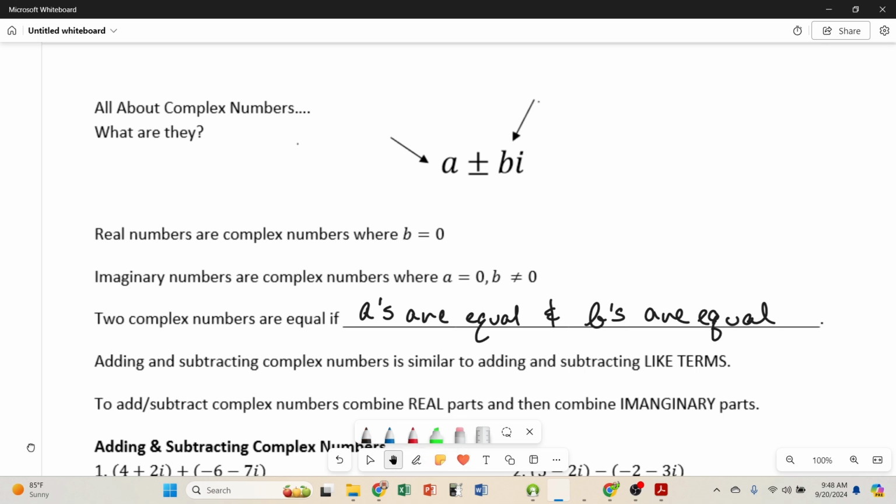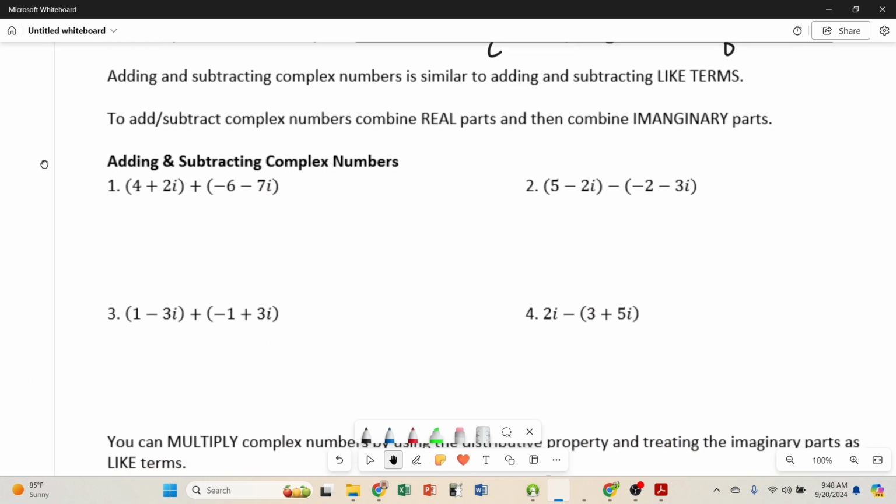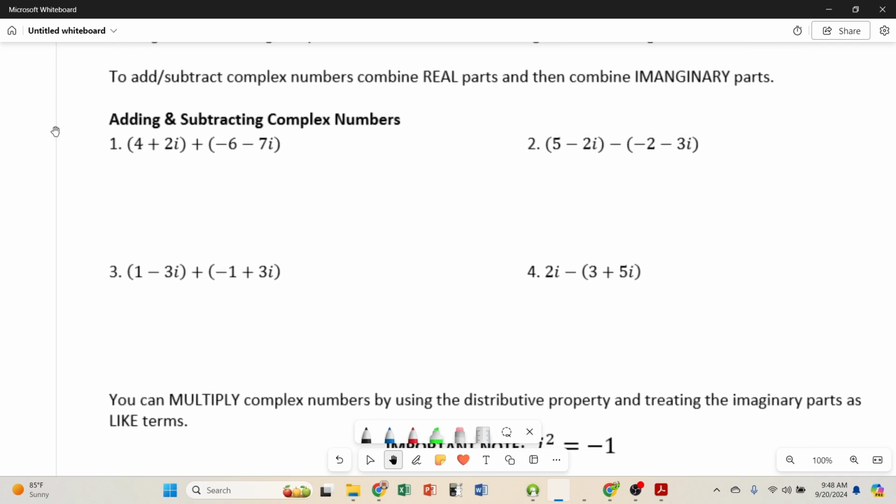So here's our situation. I've got 4 plus 2i plus the quantity negative 6 minus 7i. The first thing I always do, I'm going to get rid of all of my parentheses.